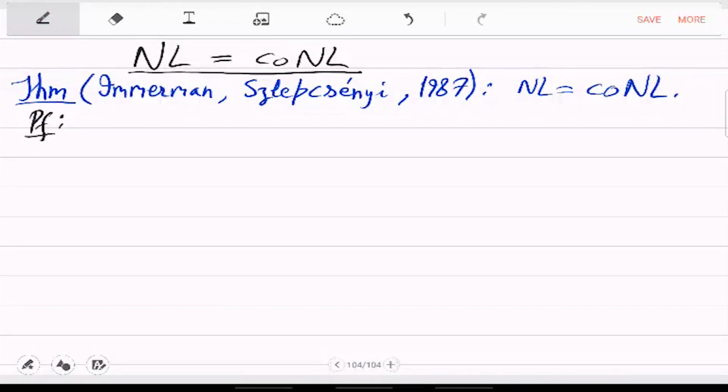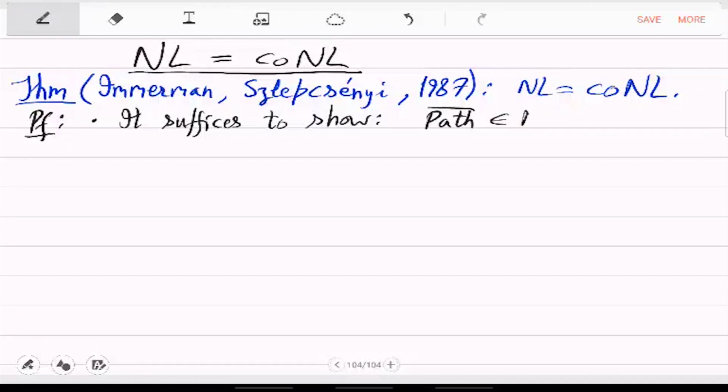So, let us look at this nice, elementary proof. What we will show is that it suffices to show that path complement is in NL, right? Unreachability is in NL.